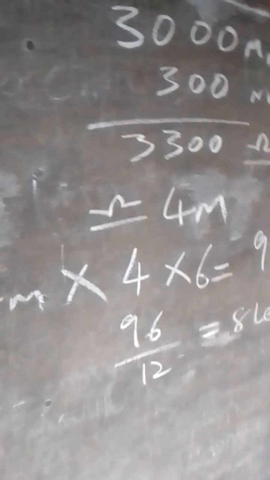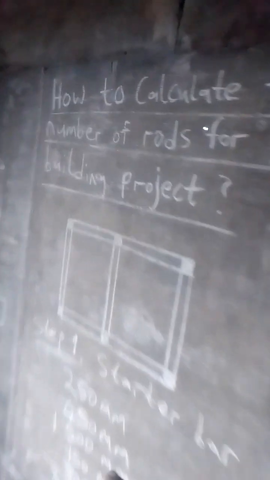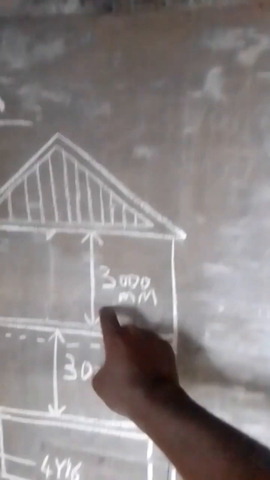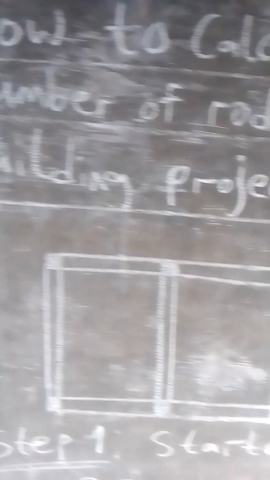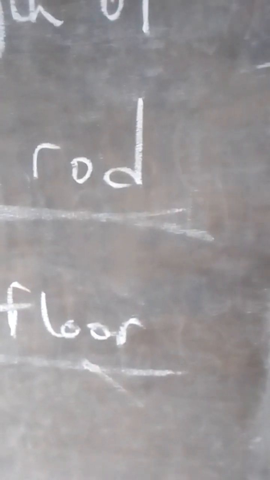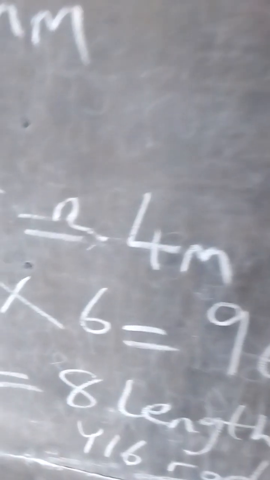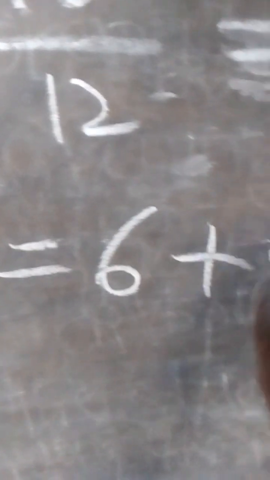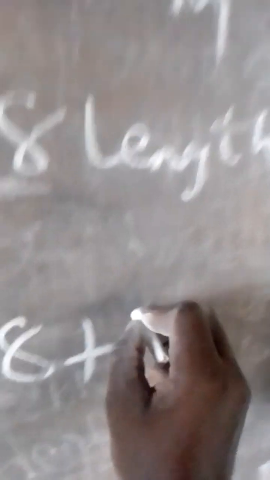That is it. Now let's calculate together the total number of rod that should be used in building this house. That's what we are going to do now. The total equals 6 length, plus the second one, 8 length, plus the third one, 8 length.